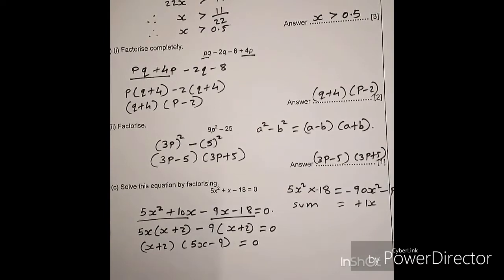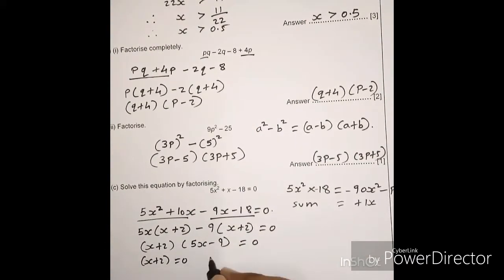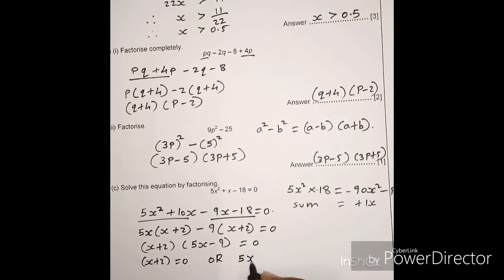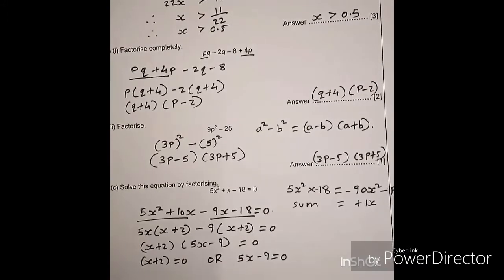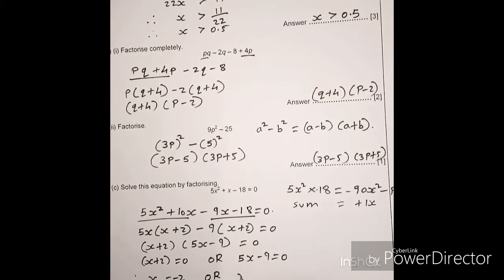Now here we have two terms, x plus 2 is equal to 0 or 5x minus 9 is equal to 0. Therefore, x is equal to minus 2 or x is equal to 9 by 5.